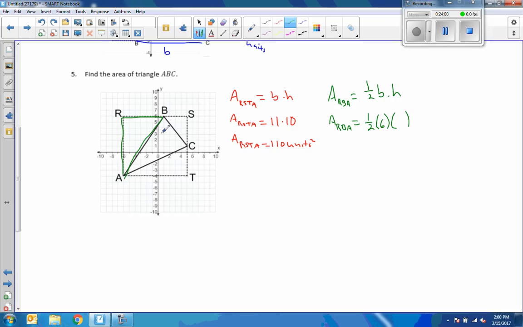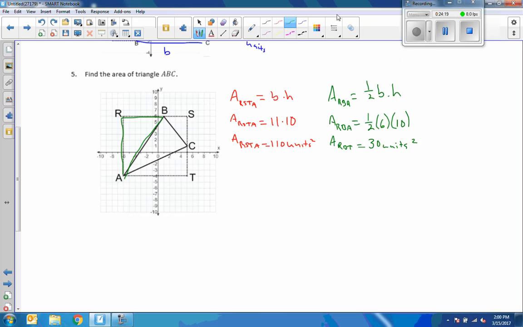And the height is 6 plus 4, or 10. So the area of RBA is 1/2 of 6 times 10, or 60. The 1/2 of 60 is 30.